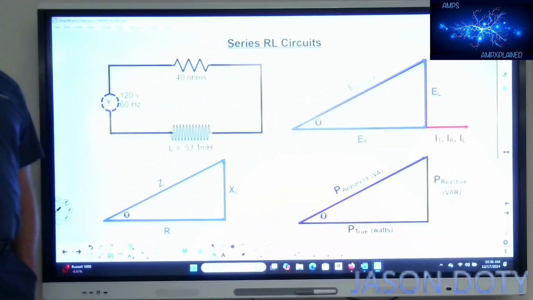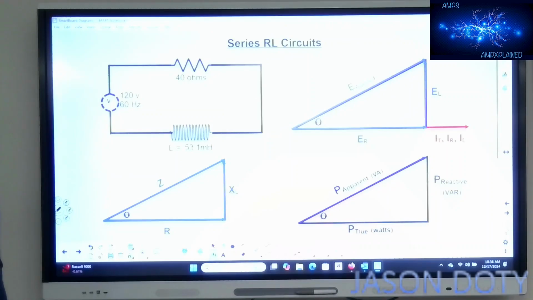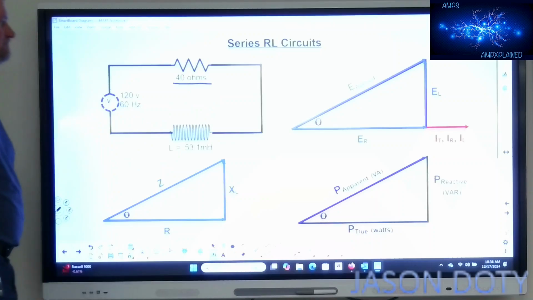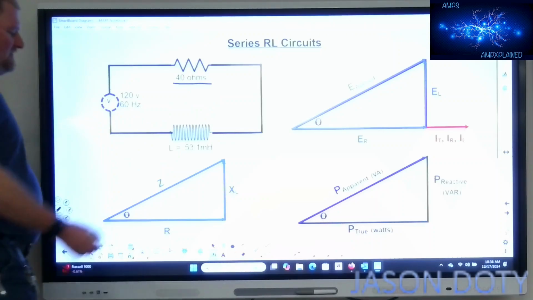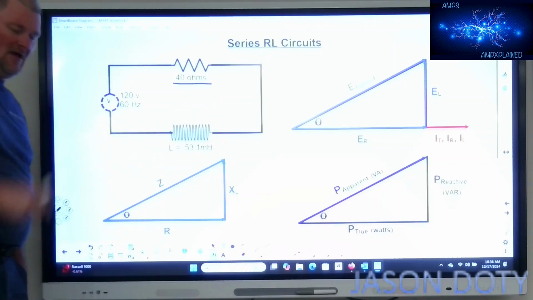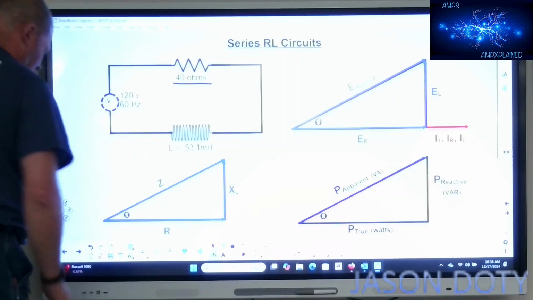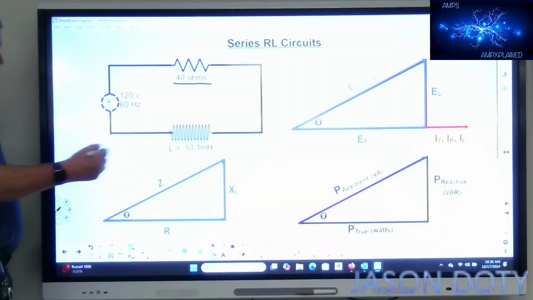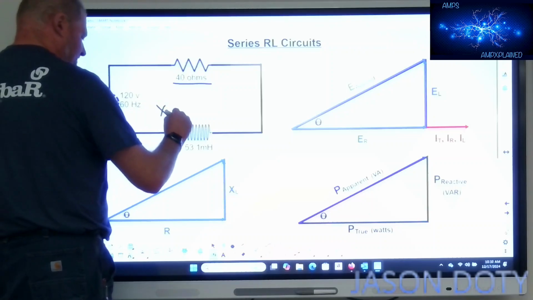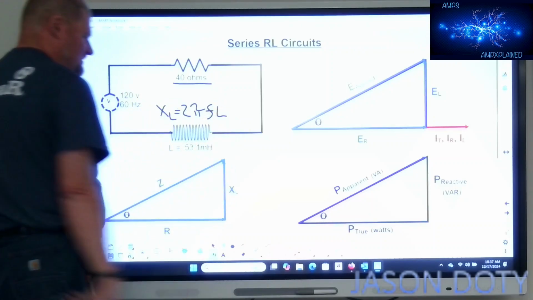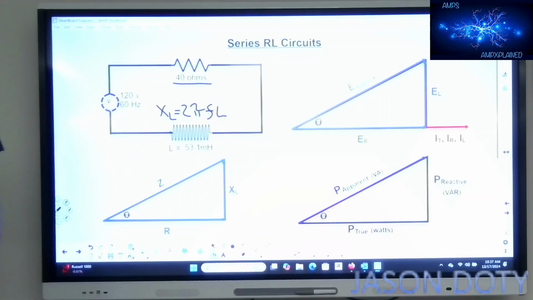So now let's do some actual work with it, right? We have a 40 ohm resistor here and a 53.1 millihenry inductor. And as we know, for electrical calculations, millihenries aren't going to help us. So we need to convert that into X of L using our 2 pi FL, 2 pi for life formula.